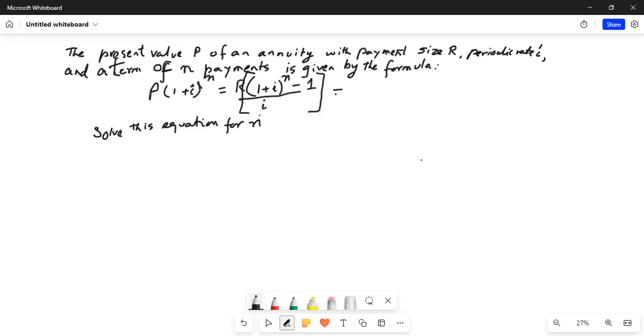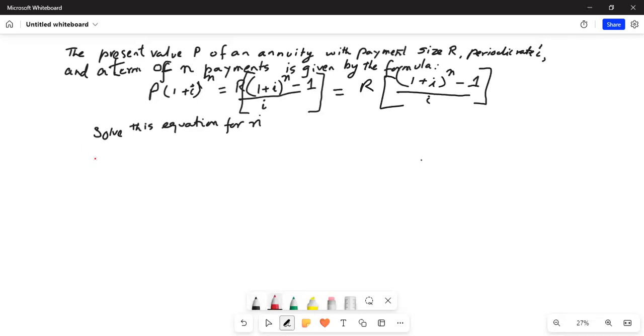So this is equal to R multiplied by ((1 plus I) to the power of n minus 1) divided by I, and R is outside. R is the payment of size R, I is the periodic interest rate, n is the number of payments, and P is the present value. So we have to solve for n. Let's do the solution now.